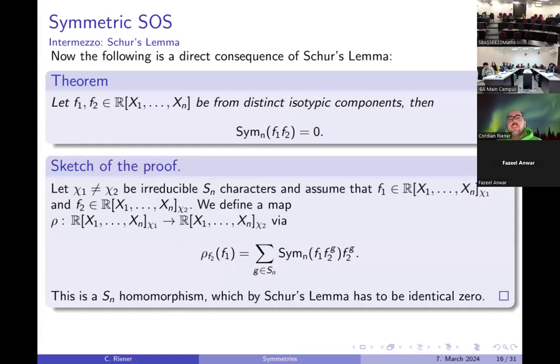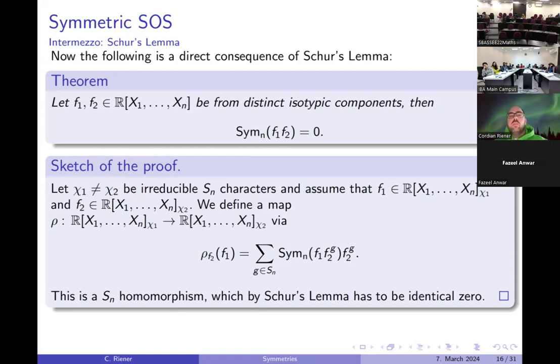This is the generalization of the simple fact that whenever I take this product with the polynomial x minus y and symmetrize, it got cancelled. Now I just generalize this with Schur's lemma to all kinds of distinct isotypic components.